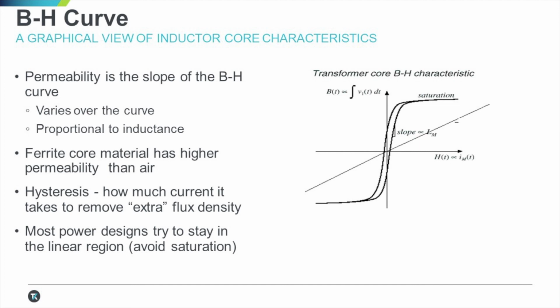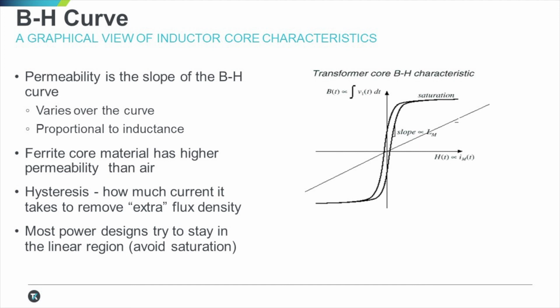So as you can see, the slope of the BH curve is effectively the permeability of the magnetic material as measured in μ. Now the permeability, again, is the rate at which the magnetizing force H, driven by current, produces the flux density B as measured in integrated voltage.